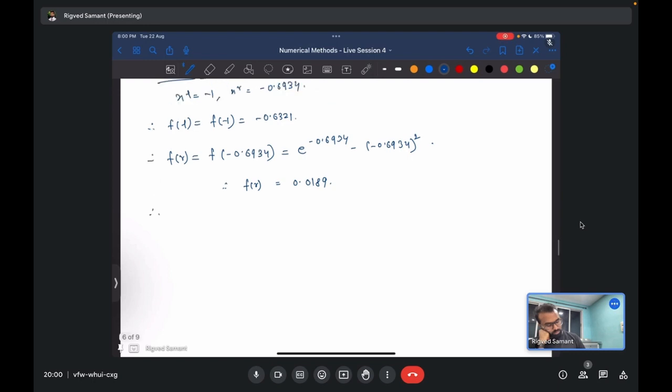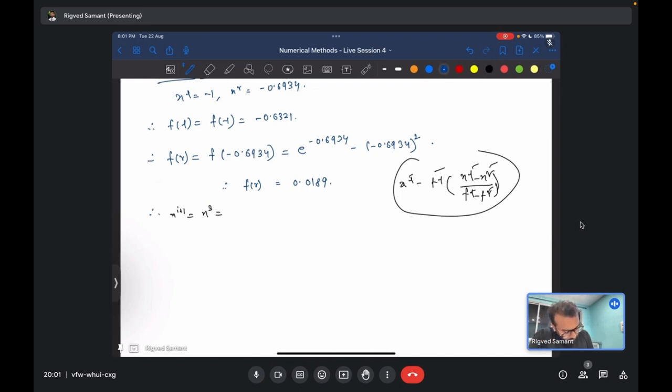Therefore, now in this formula, what is the formula you have? xL minus fL into xL minus xR divided by fL minus fR, right? You have fL, xL, xR, fR. These all are there. You can find x(i+1), that is x3 here, right?